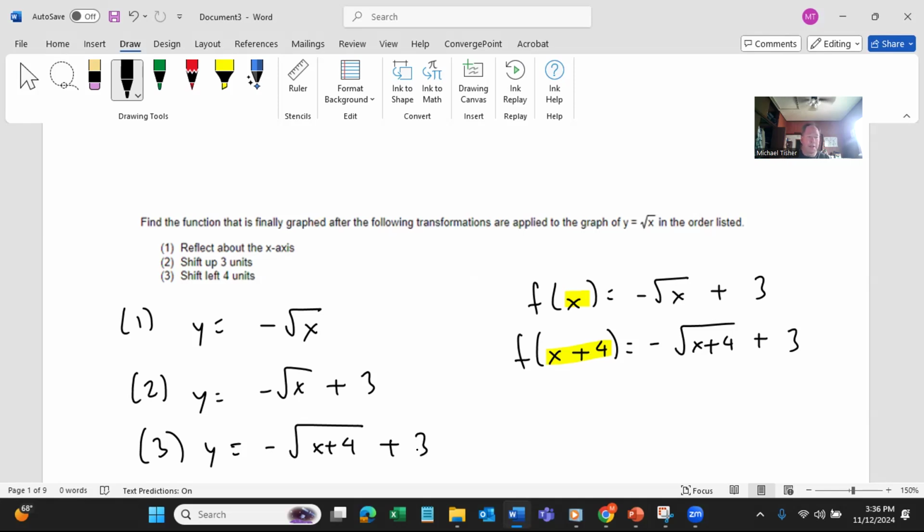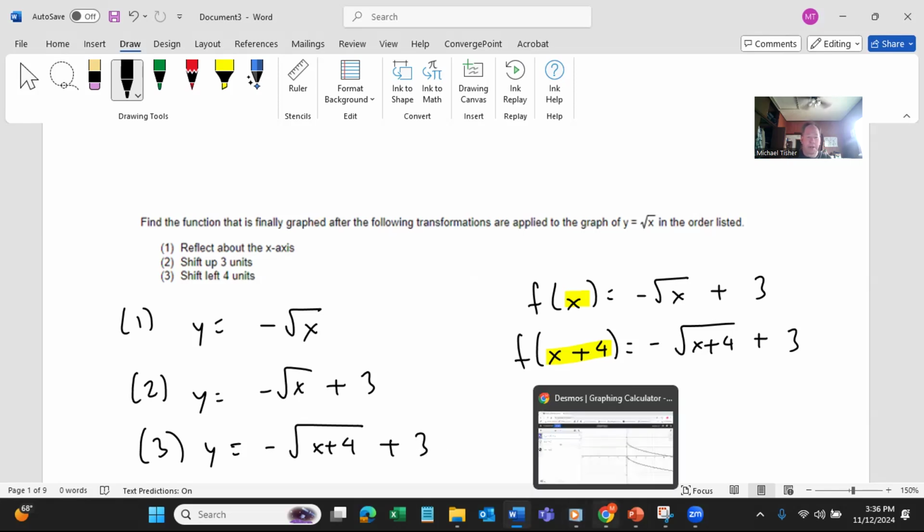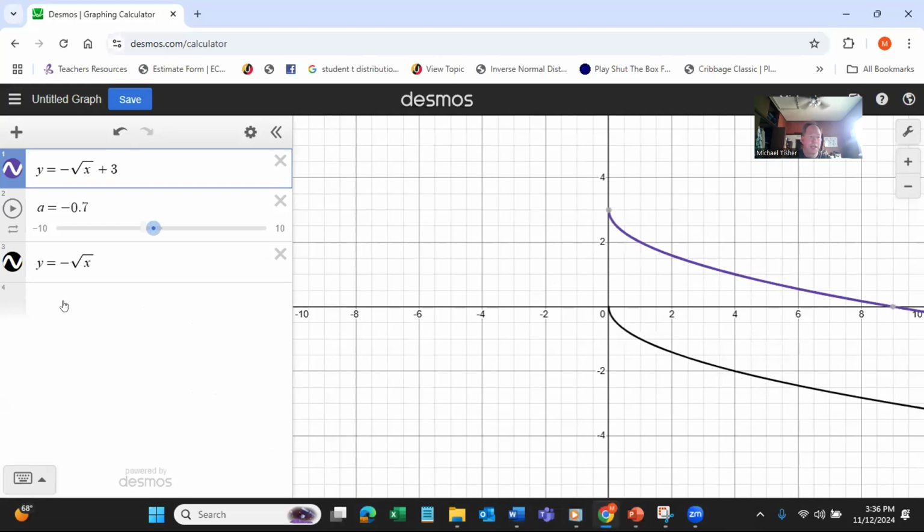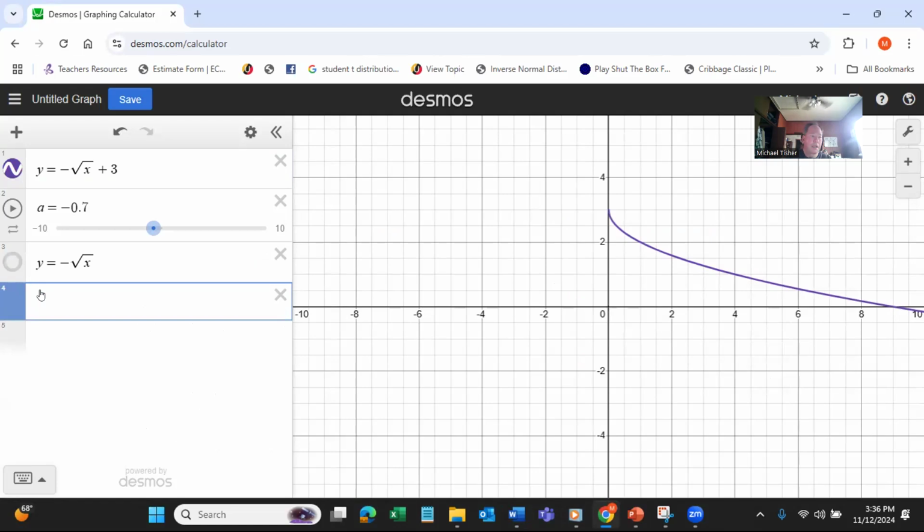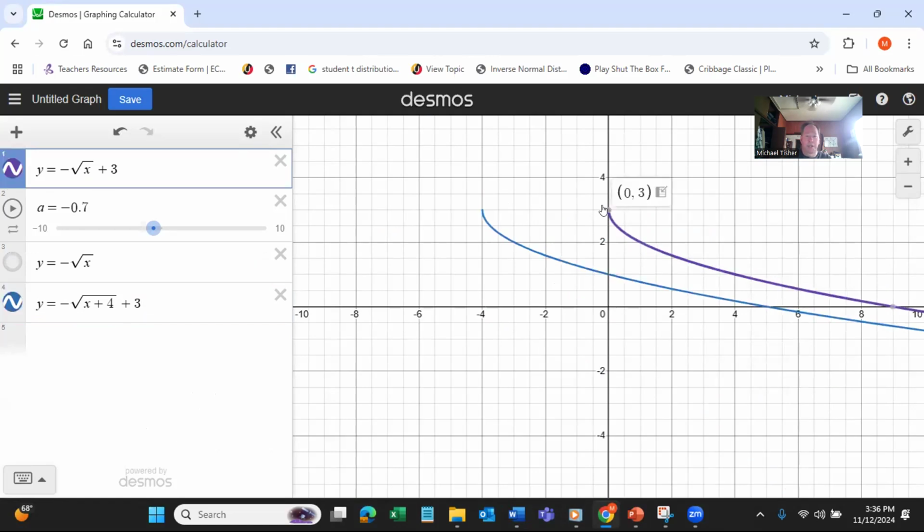And let's check this out on Desmos graphing calculator. Okay, so y equals negative square root of x plus 3 was this function here with the y-intercept (0, 3).